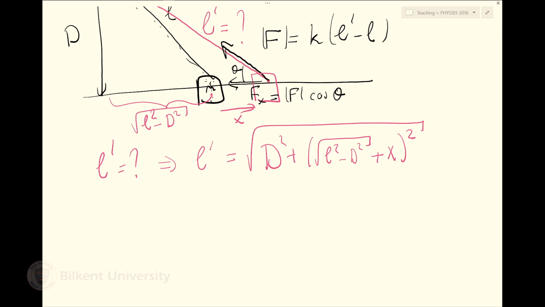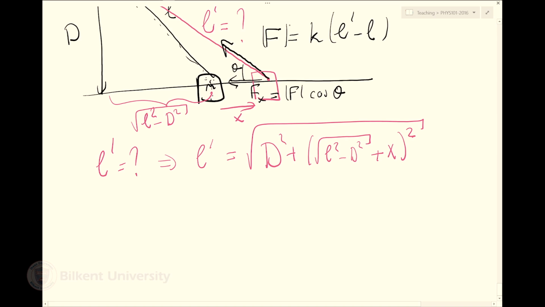So let me write that Fx magnitude is k times L prime minus L times cosine theta.